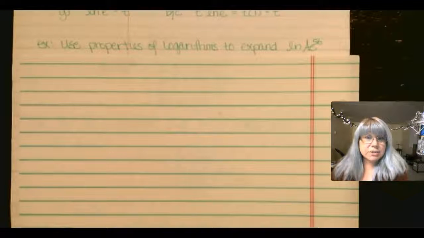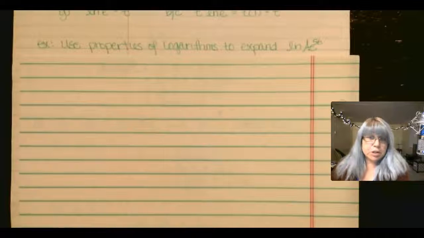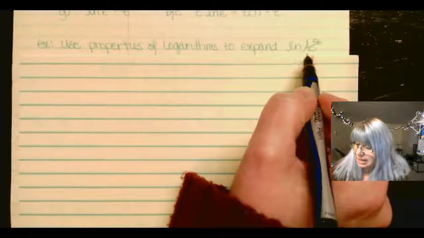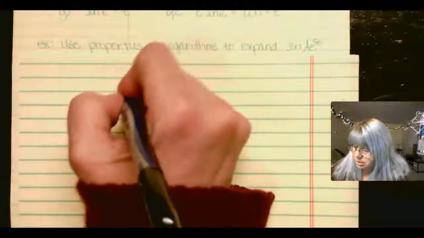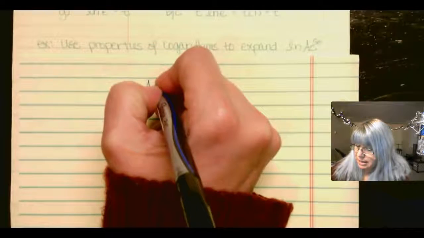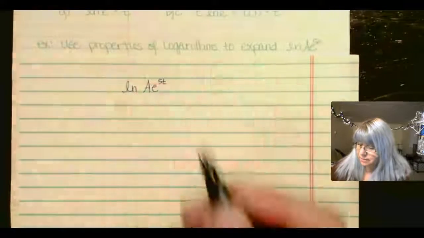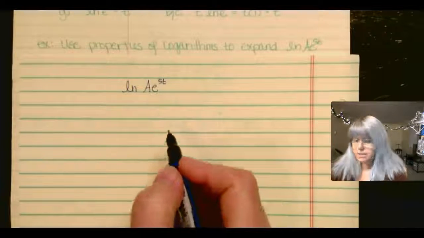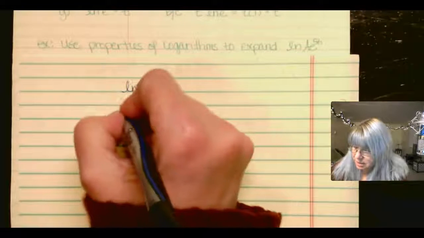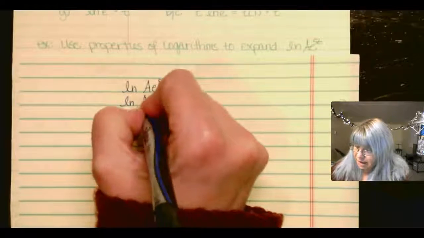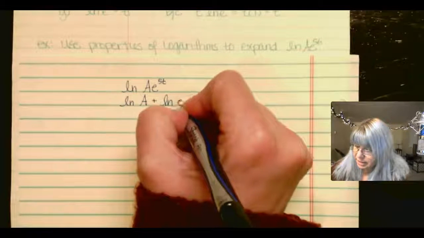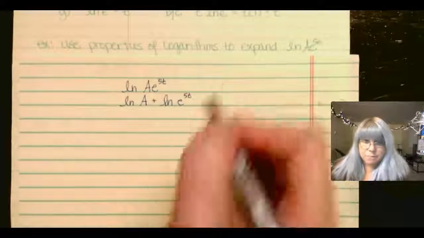All right, so let's use the properties of logarithms to expand the ln of a e to the 5t. First thing is, I have multiplication going on here, so that's going to be the ln of a plus the ln of e to the 5t.